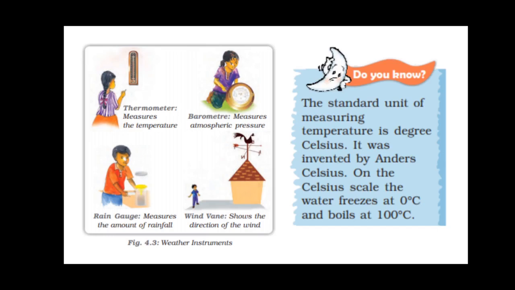It was invented by Anders Celsius, and that's why it is named after him. On the Celsius scale, water freezes at 0 degrees Celsius. So the freezing point of water is 0 degrees Celsius, and the boiling point is 100 degrees Celsius. At 100 degrees Celsius water boils, and at 0 degrees Celsius water freezes.